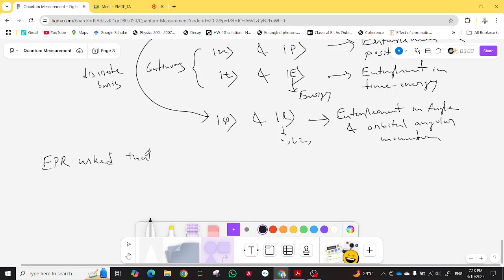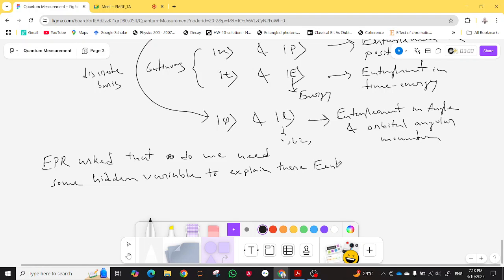So EPR asked, do we need some hidden variable to explain this entanglement phenomenon?